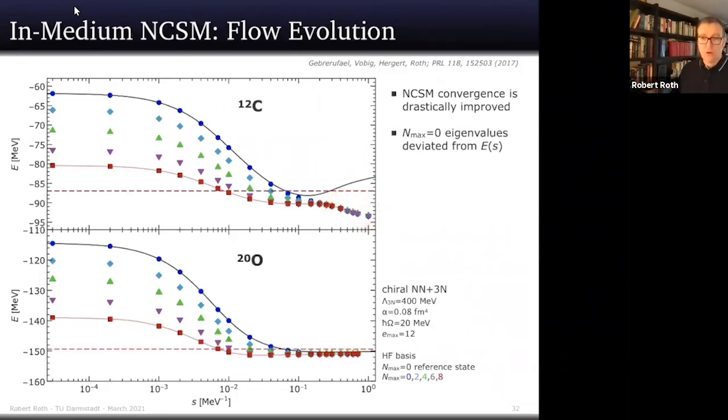And you are converged at Nmax 0, which makes these calculations super cheap compared to this dashed line here, which is again the full NCSM calculation for oxygen 20, which is heavy. Yeah? So this is really a big simplification and a great saving in terms of computational effort.